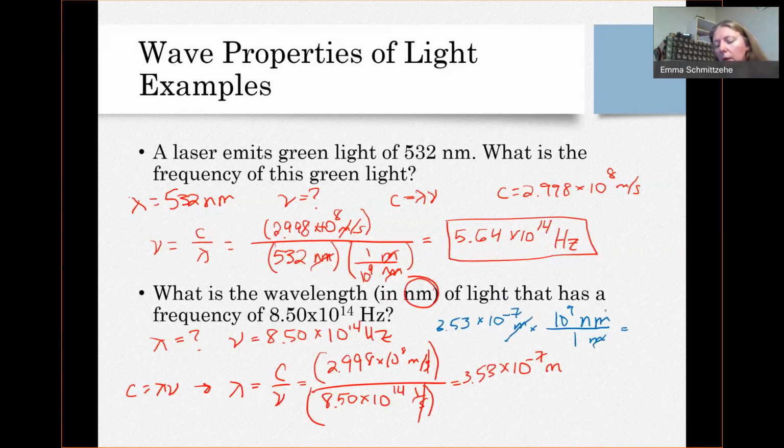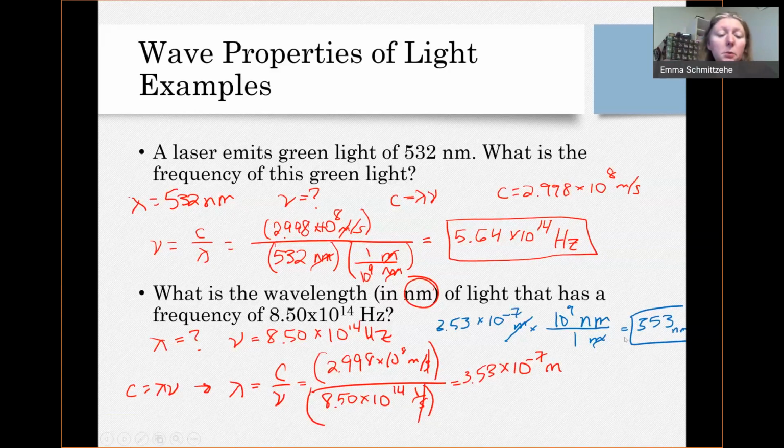If I multiply by 1 times 10 to the 9th, which should make sense, you can do your exponents in your head, it's 353 nanometers. So that is our wavelength.